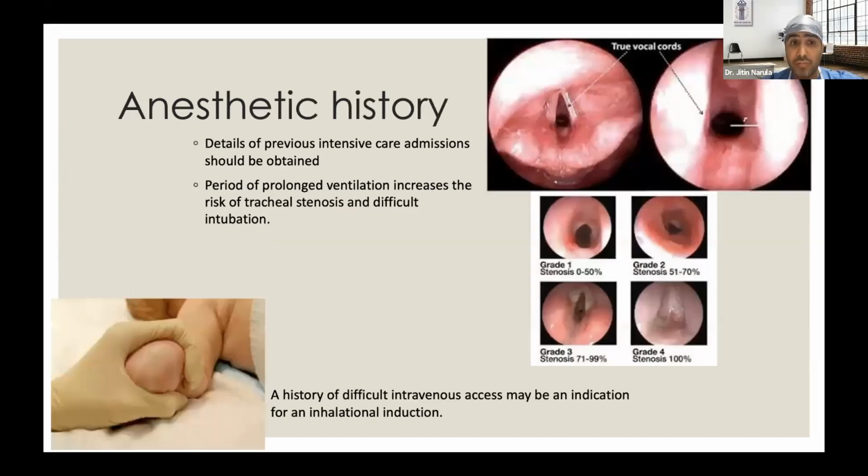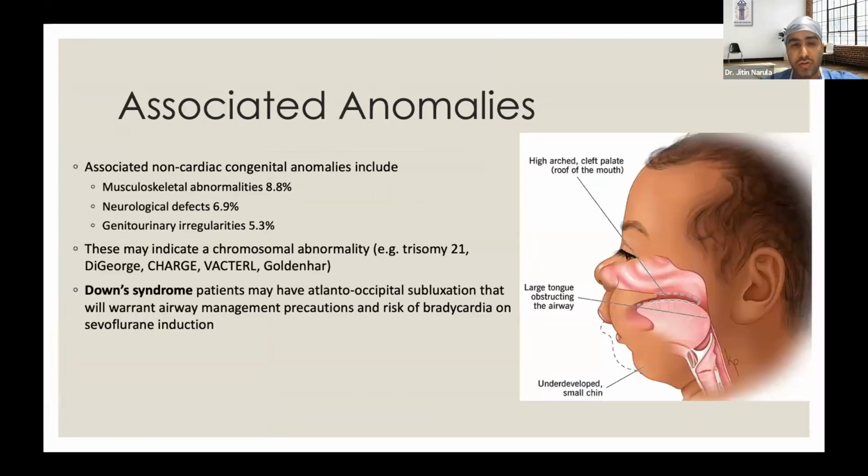Anesthetic history is very important in these patients, because details of previous intensive care admissions should be obtained, because prior episodes of prolonged ventilation mean that they could be having a tracheal stenosis and a difficult intubation. Moreover, the previous anesthetic exposures may make intravascular access a difficult situation for the anesthesiologist.